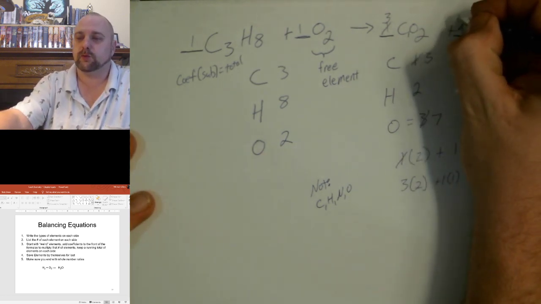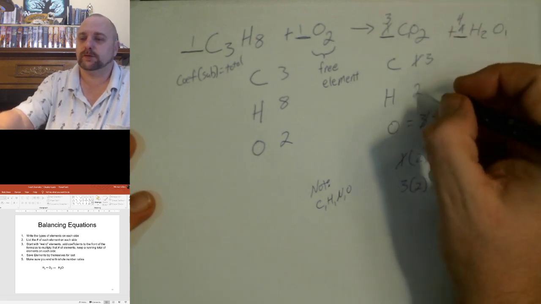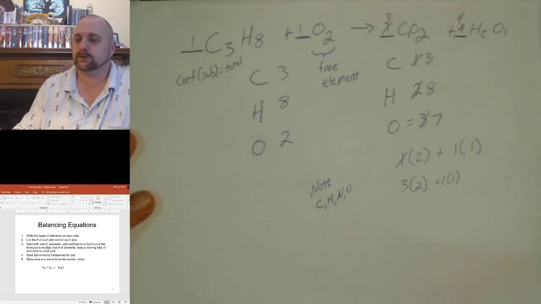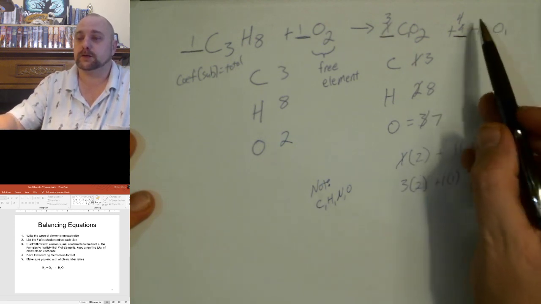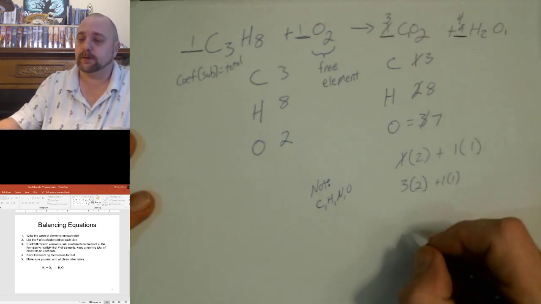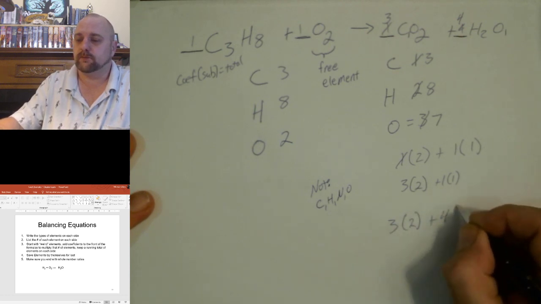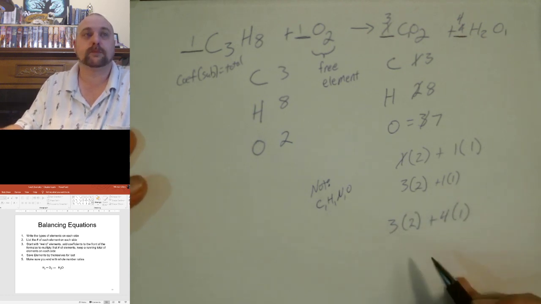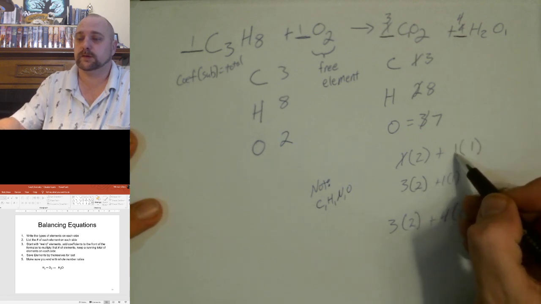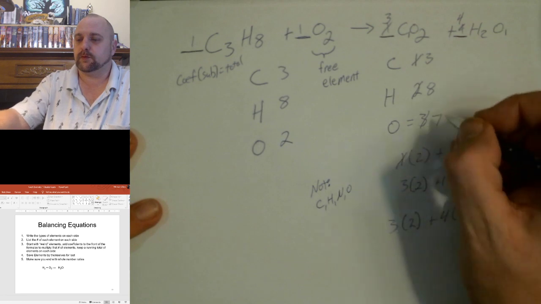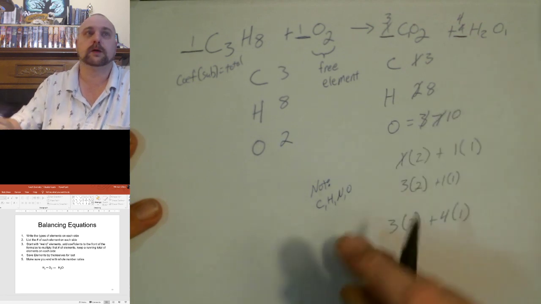We'll make that a 4. 4 times 2 gives me my 8 for my hydrogen. That also changed the oxygen. So now we have 3 times 2 plus 4 times 1. You'll notice it was this coefficient that got changed. So 6 plus 4 is 10 oxygens.